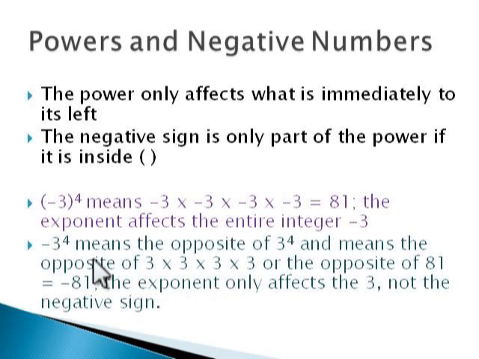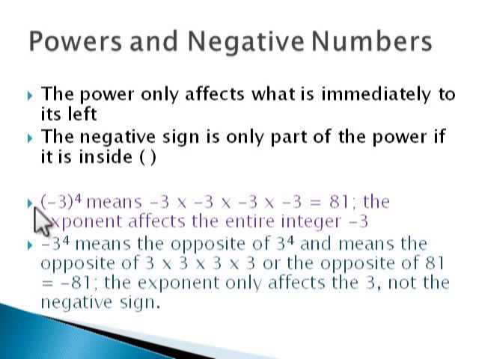We have 4 3s, and we're going to have the opposite of 4 3s. So 3 times 3 times 3 times 3 is 81. And then the negative sign goes straight to the answer, because we are going to want the opposite.